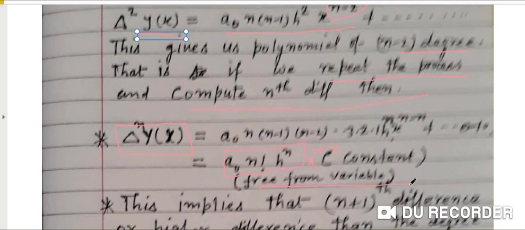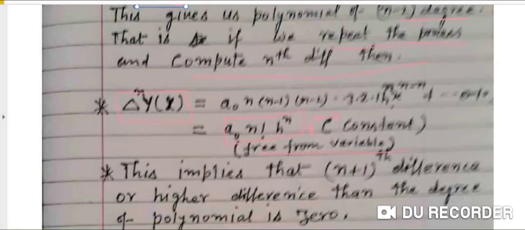So if you go for the next one, what will happen? Since there is no variable, and a variable is a must for deciding the degree, if you take the difference of order n plus 1, you won't get any value.